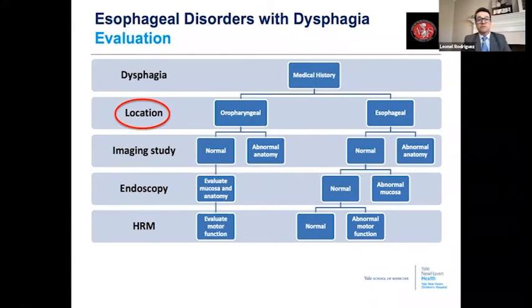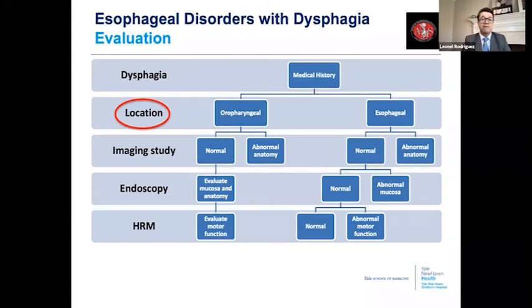For esophageal dysphagia, the imaging study might be normal or abnormal. When it shows abnormal anatomy, you treat that accordingly. Either you have a stricture, a congenital web, or other types of anatomical problems. The endoscopy is useful primarily to rule out other conditions that may cause dysphagia, like eosinophilic esophagitis.